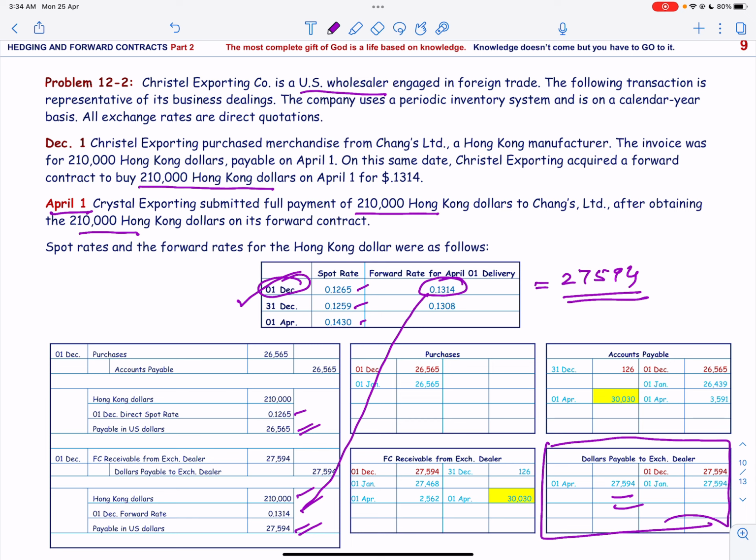Crystal is ready to pay 27,594 US dollars to the dealer for the purchase worth 26,565. So it agrees to pay an additional 1,029 US dollars because it does not want to bear the unfavorable foreign exchange risk on the date of settlement. Let us see how this account looks like in the T account.